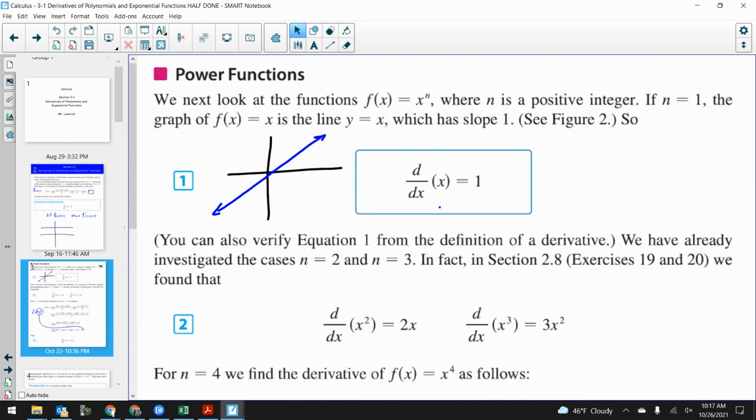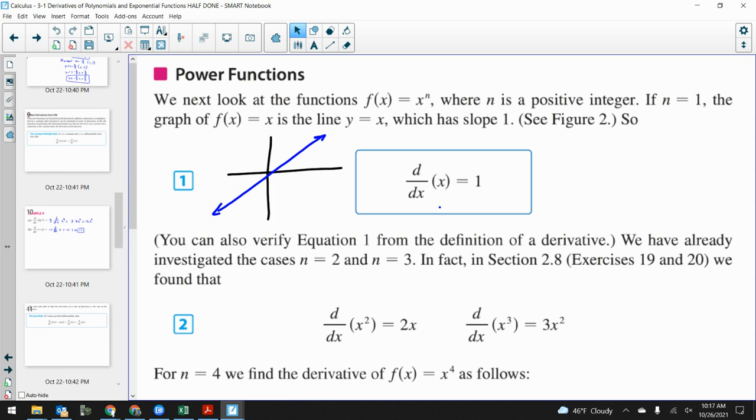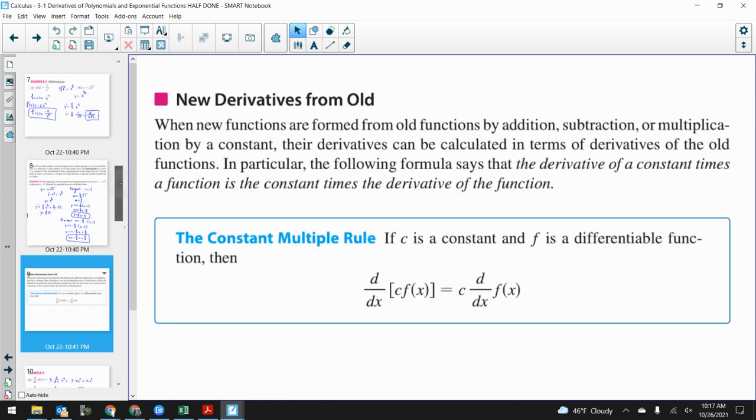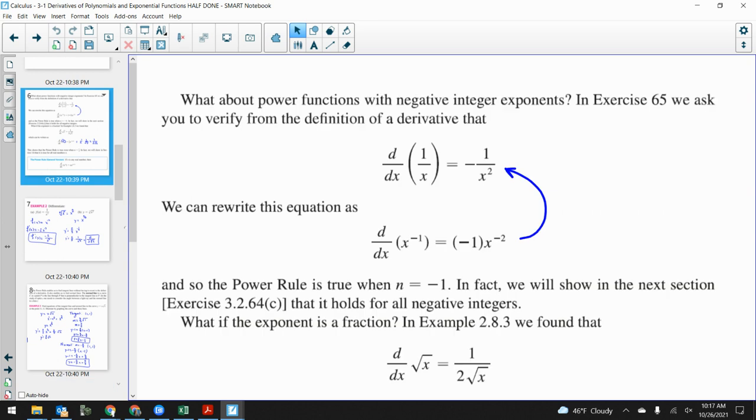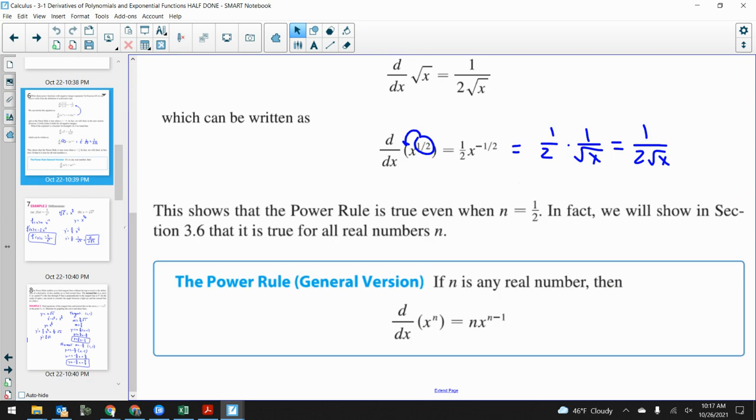And then we started talking about, well, what's the derivative of just x? The derivative of just x is always 1, because if you examine the slope of y equals x, it's always going to be a positive 1. And then we started seeing this thing called the power rule, the general power rule, where we learned that for any power you could find the derivative by bringing the exponent out in front, reducing the exponent by 1, and multiplying by that previous exponent.